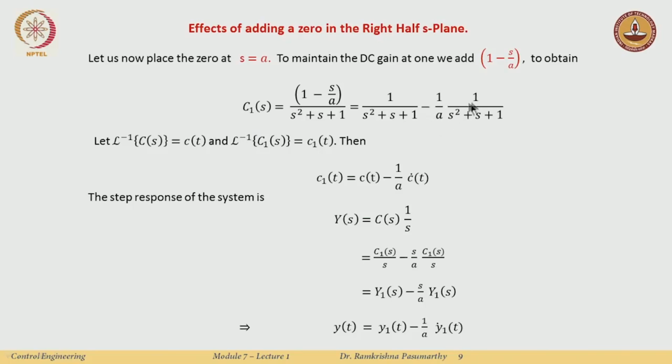In other words, C1 of t is C of t minus 1 over A times C dot. We had a plus earlier. Similarly, the total response is the response y1, and in addition we have the response due to the 0 that is placed at S equal to A.